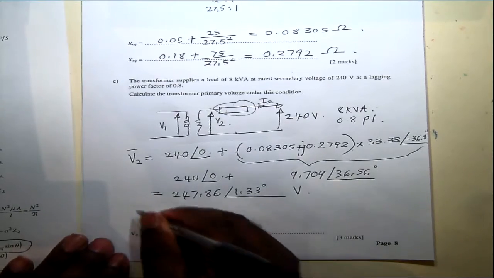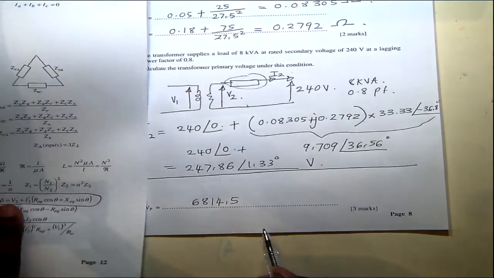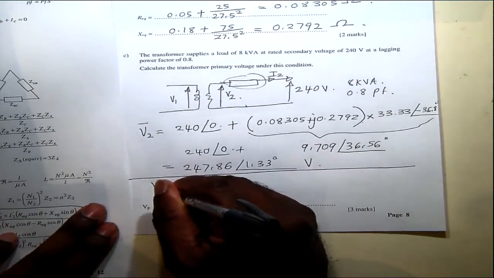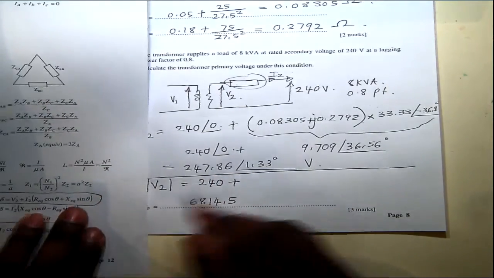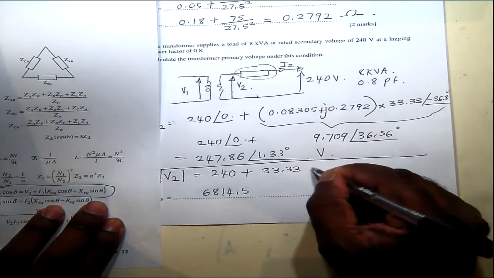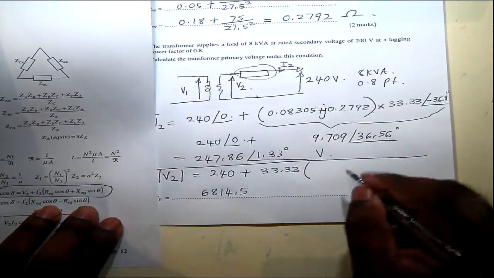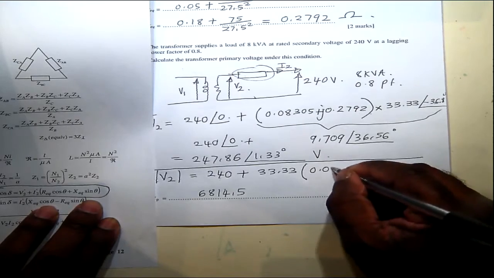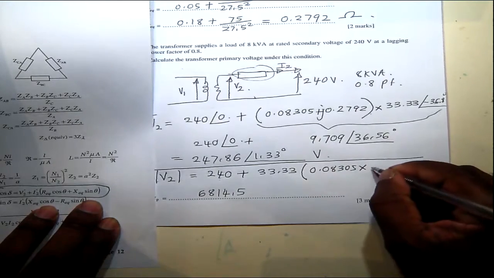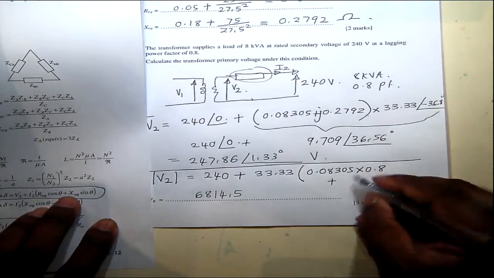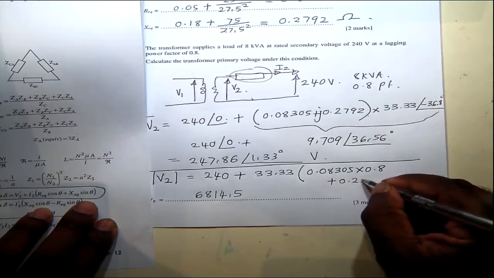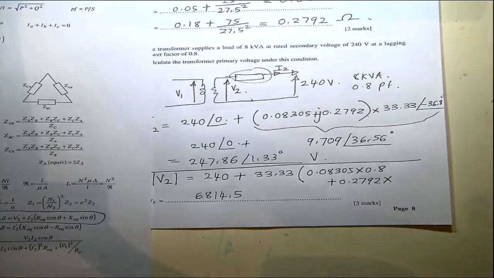So if we were to do it that way, V2 magnitude will be 240 plus the current magnitude, which is 33.33, times R cos phi. So R is 0.08305 times 0.8, and X sin phi, so that will be 0.2792. Sine would be 0.6.